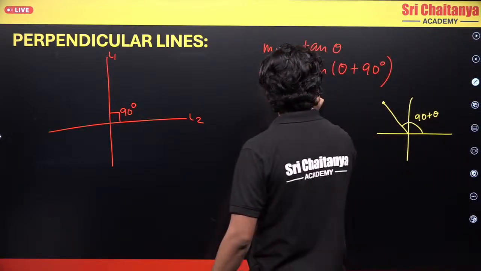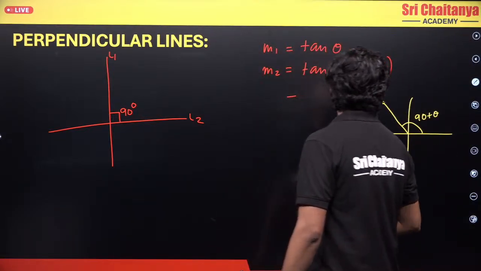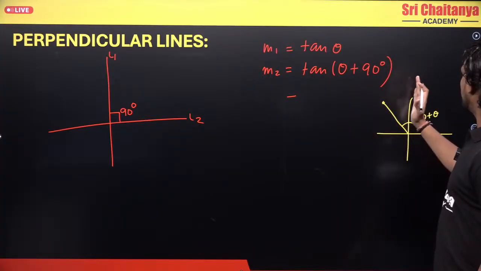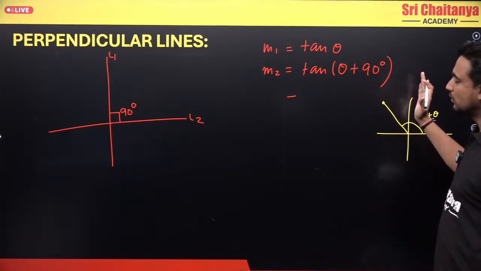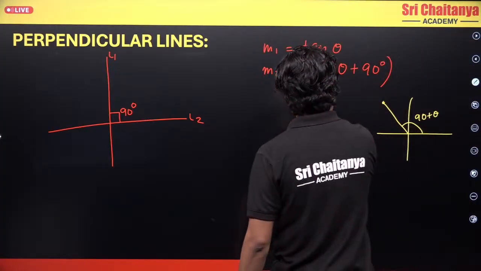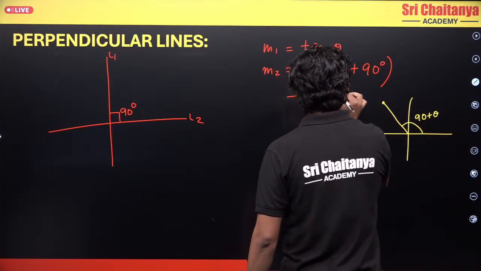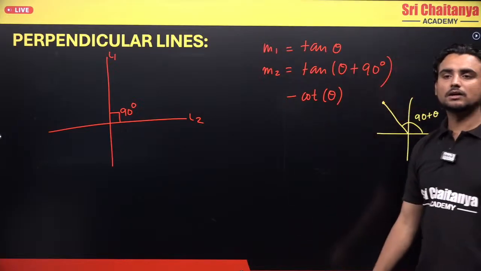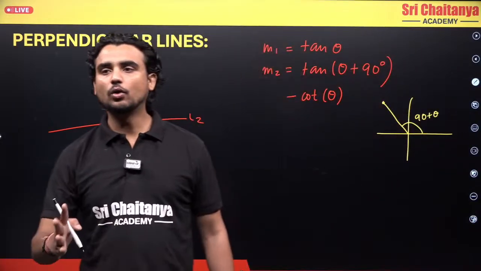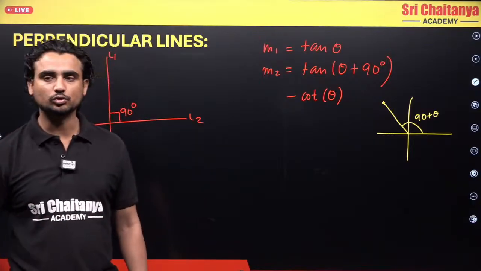So I'll substitute the value of tan as negative. And 90 plus theta: I am moving from a vertical angle, so 90 plus theta will become cot theta, with the negative sign. This concept I have done in the trigonometry part, I think lecture number 4 of this transition course.